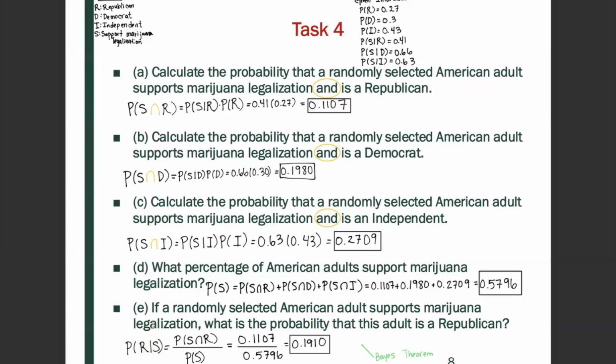Given that they support marijuana legalization, what is the probability they're Republican? So that equals, using Bayes' theorem, the probability of S intersect R divided by the probability of S. So probability of S intersect R is from part A. We already solved that. That's 0.1107 divided by the probability of S, which we just solved in part D, which is 0.5796, and that equals 0.1910.